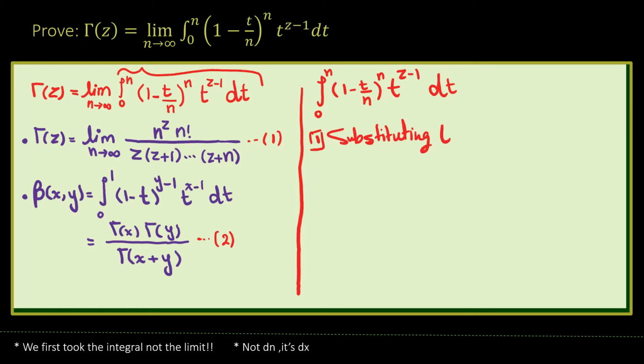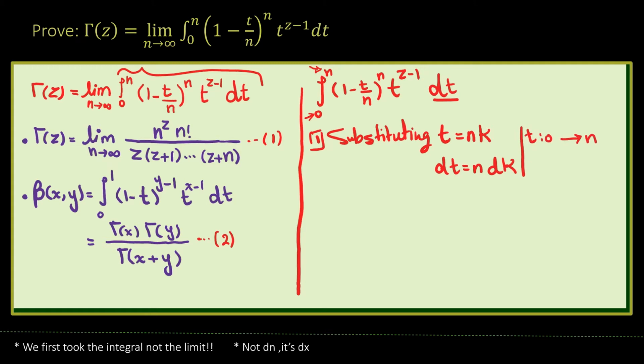We will take t equal nk, so dt is equal to n dk, and for the limits of the integration we have t from 0 to n.